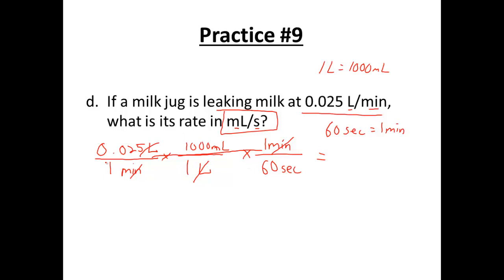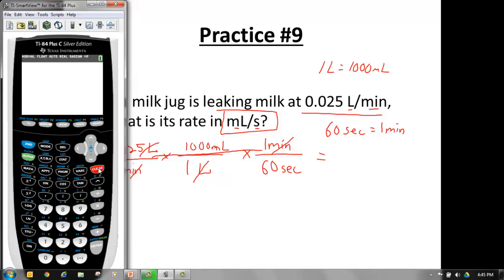So in the end, we could put all 3 parts together. So 0.025 times 1,000 divided by 60. And in the end, we get about 0.41666667.